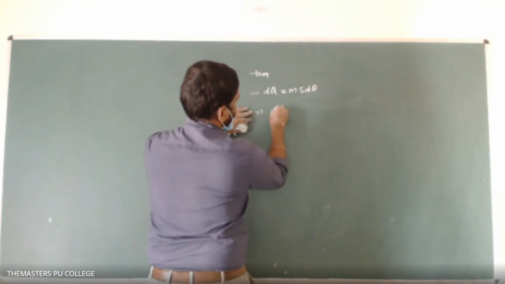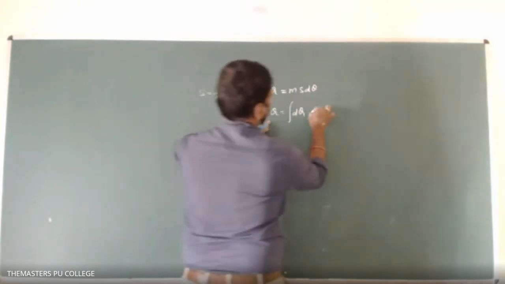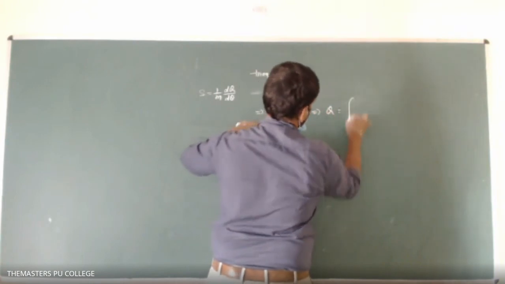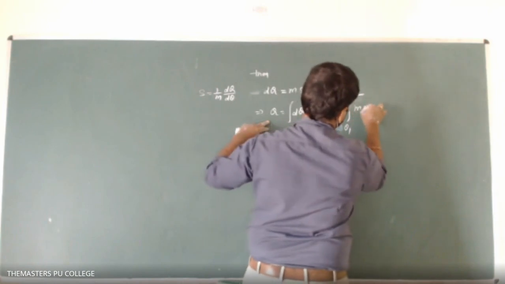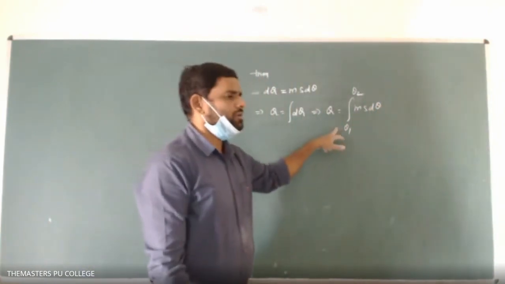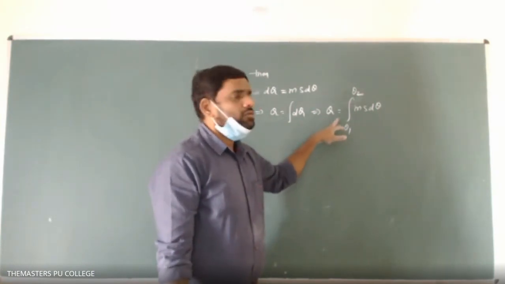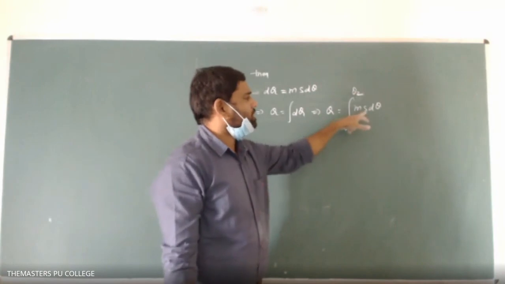That implies q equals the integral of dq, so q equals the integral from theta 1 to theta 2 of ms d theta. So this formula is useful to find the heat required in case of variable specific heat.